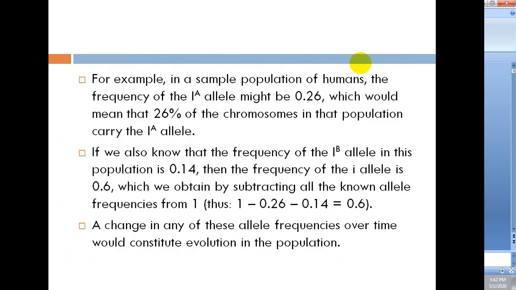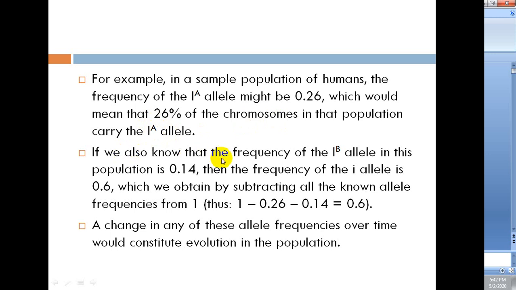For example, in a simple population of humans, the frequency of the I^A allele might be 0.2%. This means that 26% of the chromosomes in that population carry this A allele.